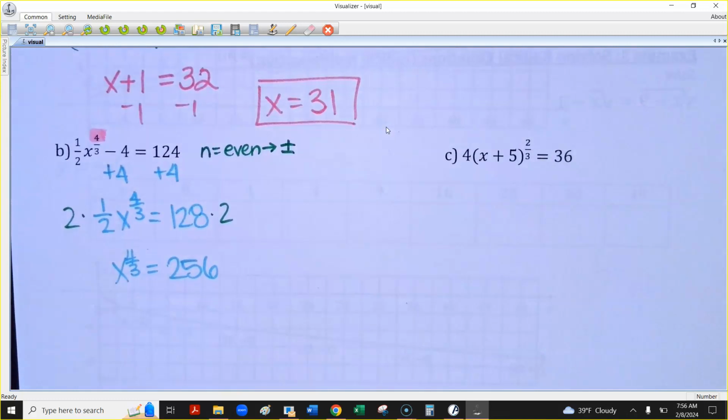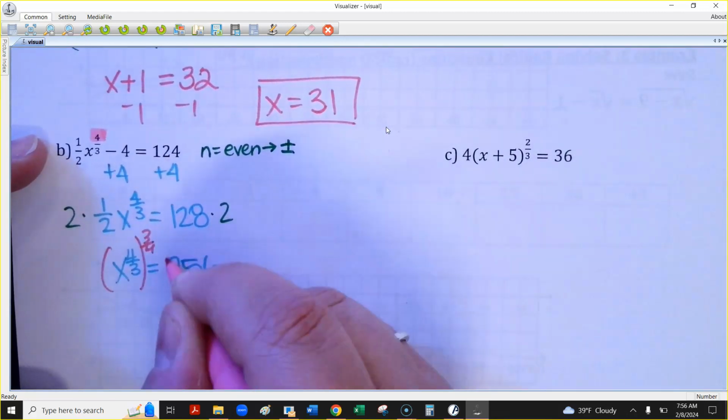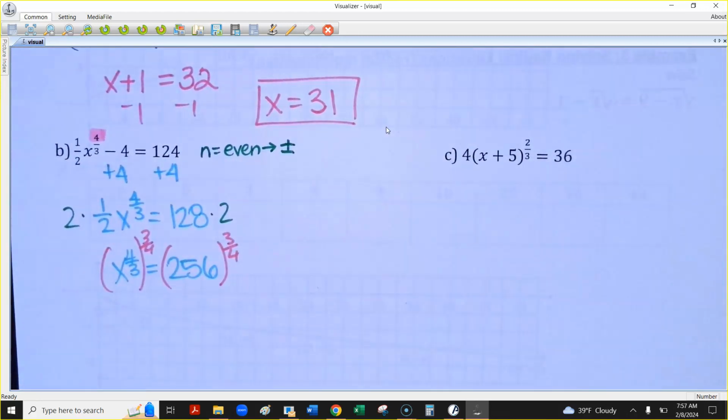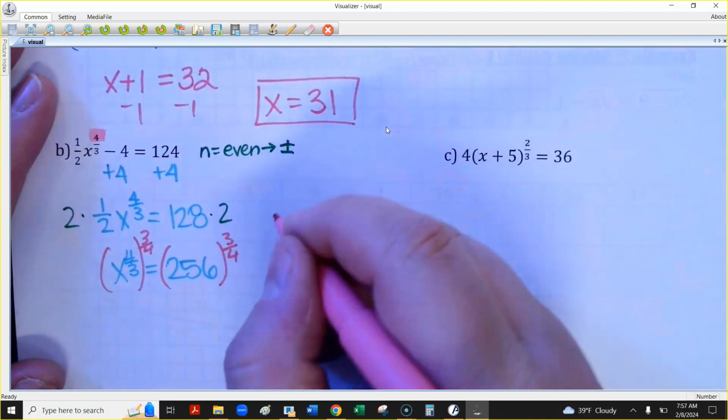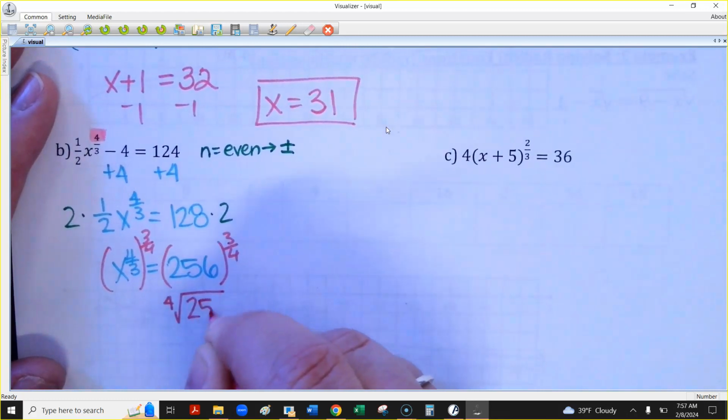Let me check real quick. I think it is. Yes, okay. Now, all right, we're going to take both sides, not multiplying, I'm taking this to this power, so to the 3/4 power. And you don't have to write this, but I'm going to just have you be mindful of this. This is the 4th root of 256 to the 3rd.